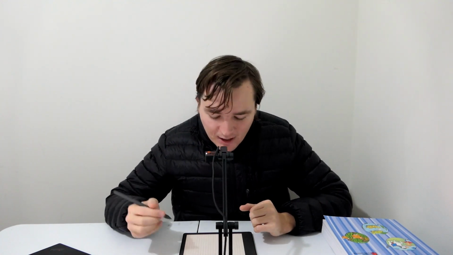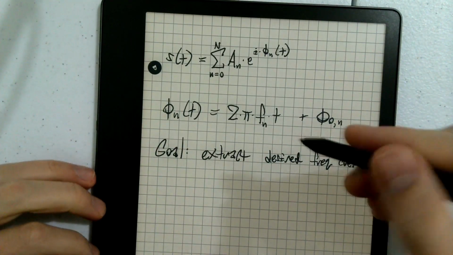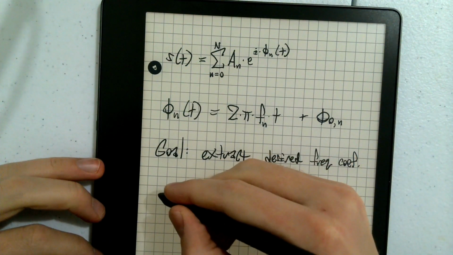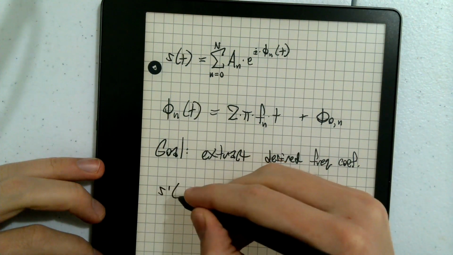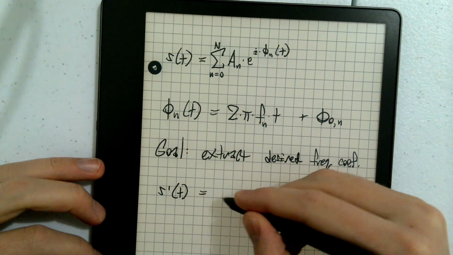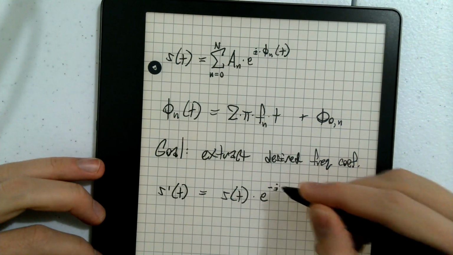We want to be able to tell that, so we'll do that. And then in order to do this, we need to write a filter where first of all, I'll say S prime of t is equal to S of t times e to the minus i.